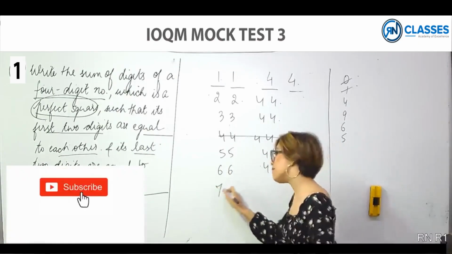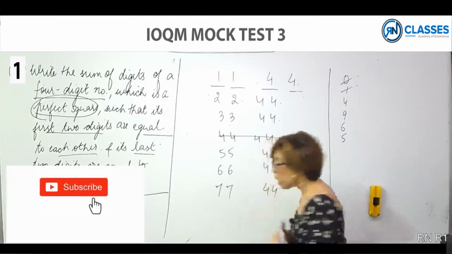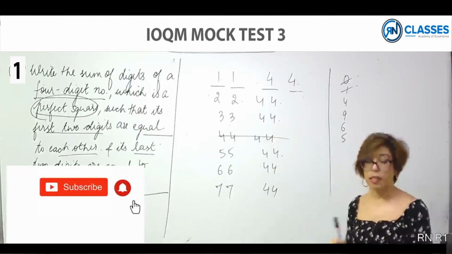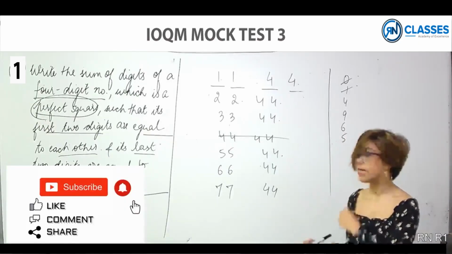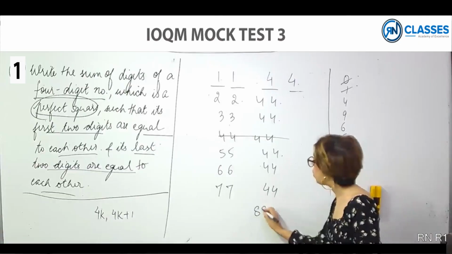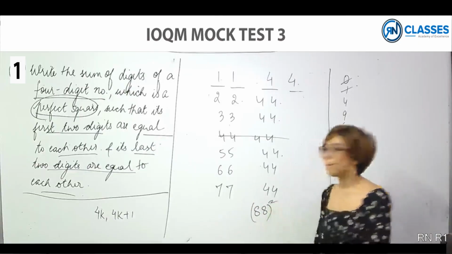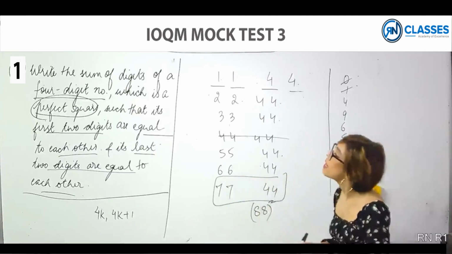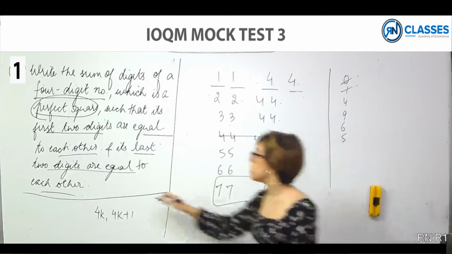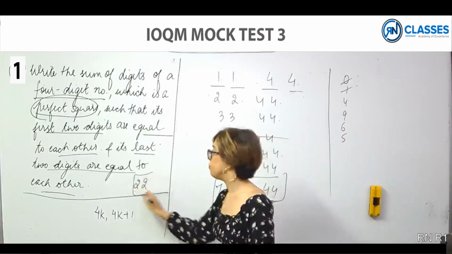Not a perfect square. 7, 7, 4, 4. You will realize that this is nothing but 11 into 8, 88 whole square. Right? So that means this is the required number. The sum of digits will obviously be 22.